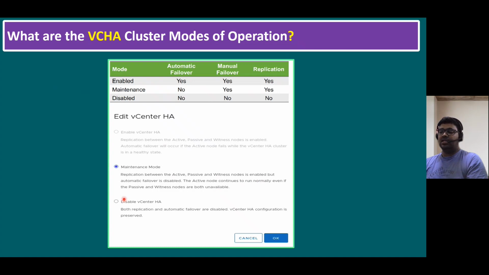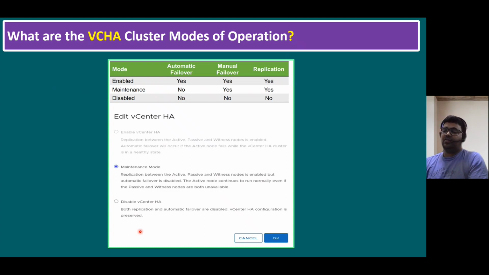Okay, and the third option is disable VCHA. When you disable VCHA, both replication and automatic failovers are disabled, and the vCenter HA configuration is preserved. In general, when you are renewing the vCenter level SSL certificates, secure certificates, the VMware recommendation is to disable VCHA before doing the SSL certificate renewal.